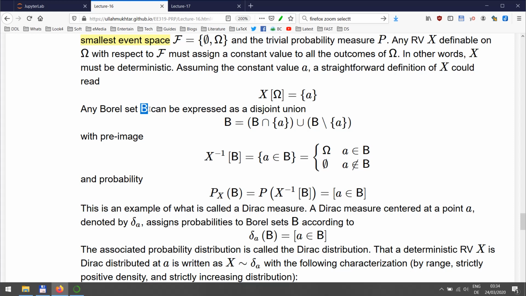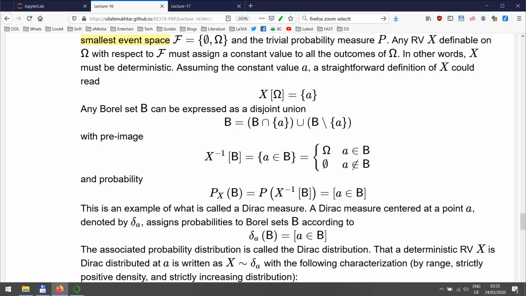So what we do, I would like to express that set as a disjoint union. So remember, A is the key here. This B will either have an intersection with A or it won't have an intersection with A. So I can just decompose this B into two events.